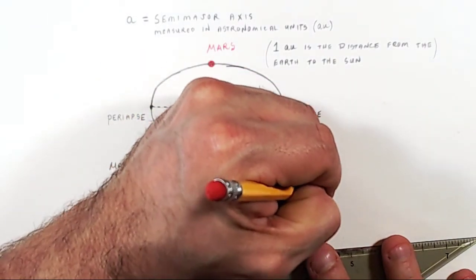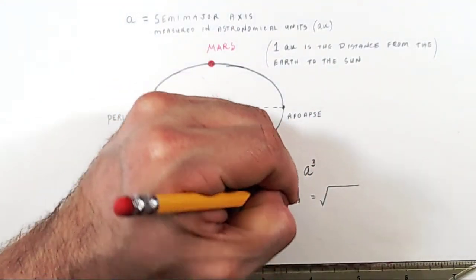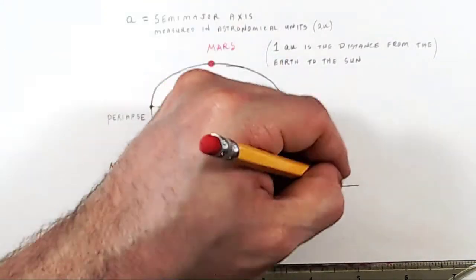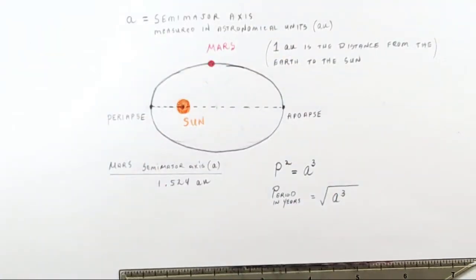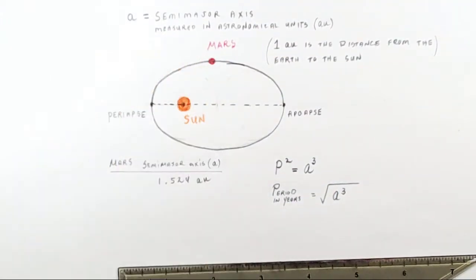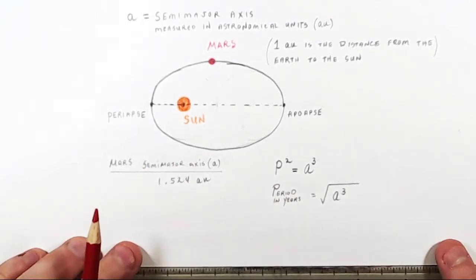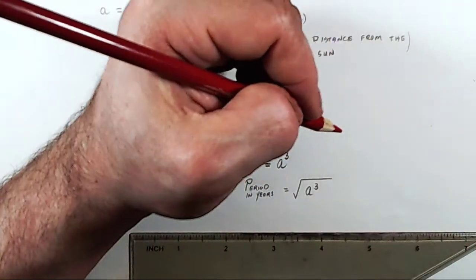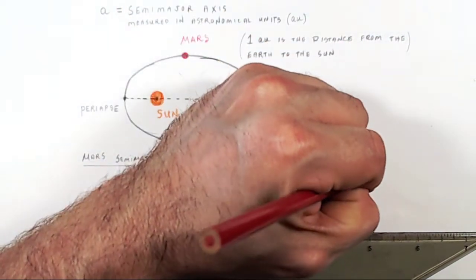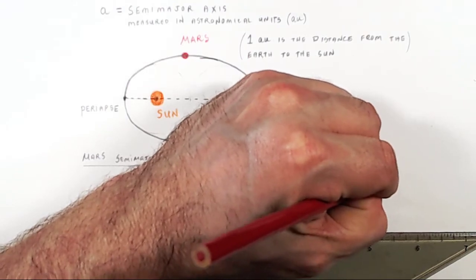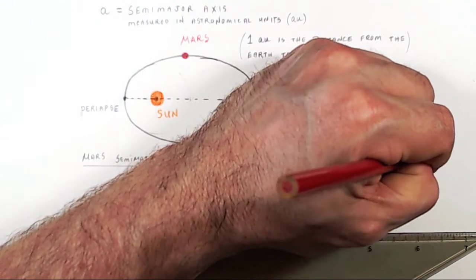And so I'll end up with the period in years is equal to the square root of the cube of the semimajor axis for the orbiting body. So let's do for Mars. And since Mars is red, we'll do it in red. So the period squared for Mars is equal to the semimajor axis for Mars cubed.